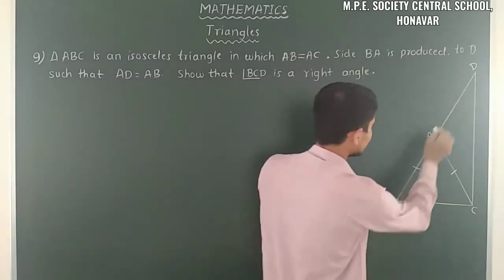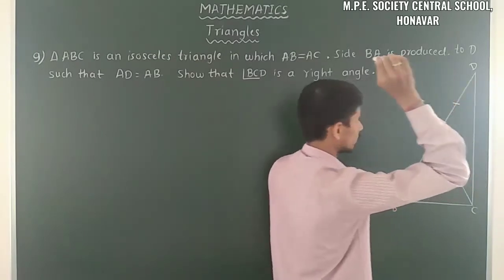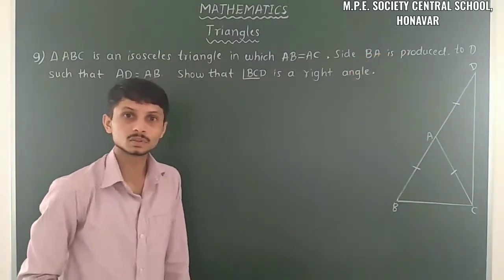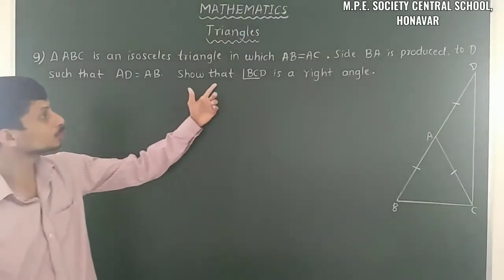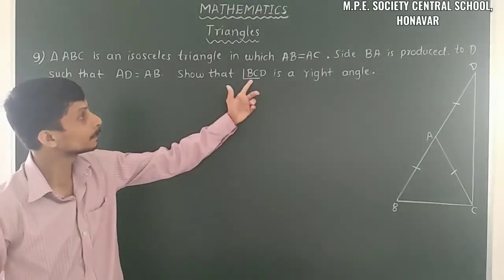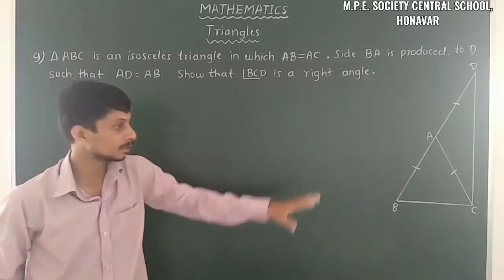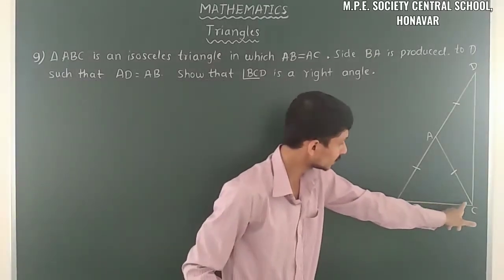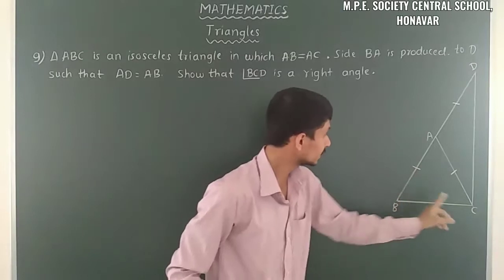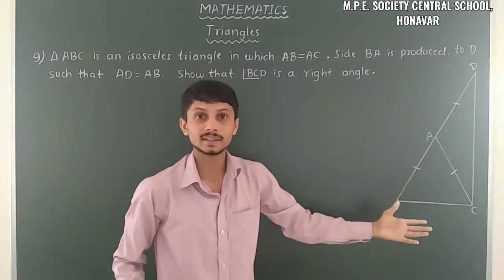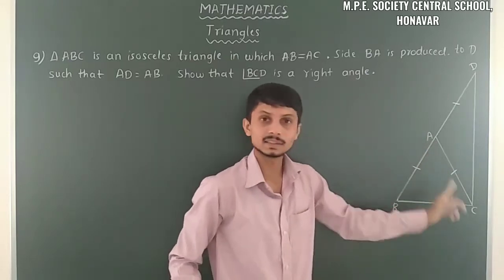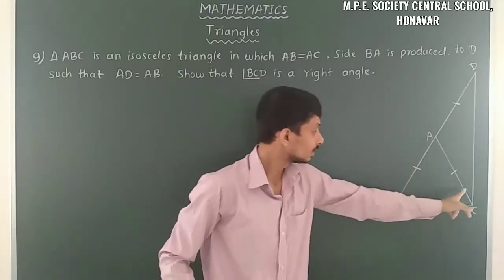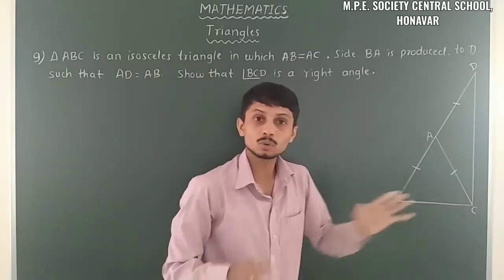We have to take AB is equal to AD. So what we have to prove here? We have to show that angle BCD is a right angle. That means we have to prove this angle BCD is 90 degree. Just observe here, this line AC splits this angle into two equal parts.